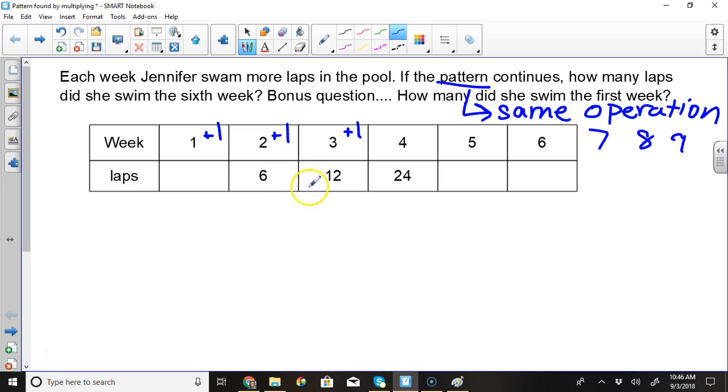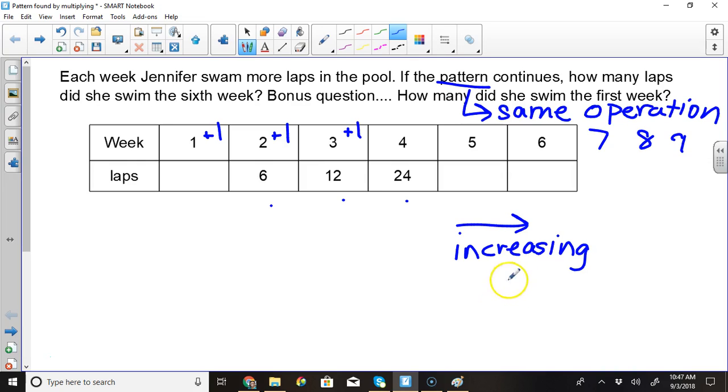We also have a pattern for laps here. This one's not as easy to see, so we have to think about what we do know about these numbers: 6, 12, 24. I see that these numbers are increasing, or getting bigger, as we move from left to right.